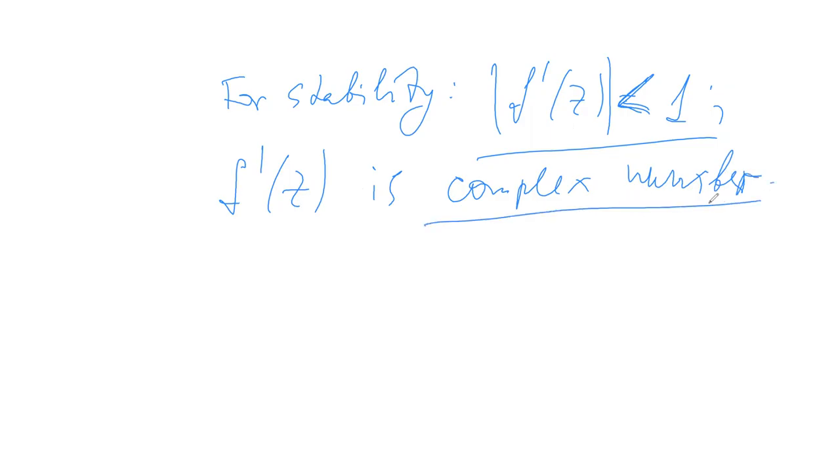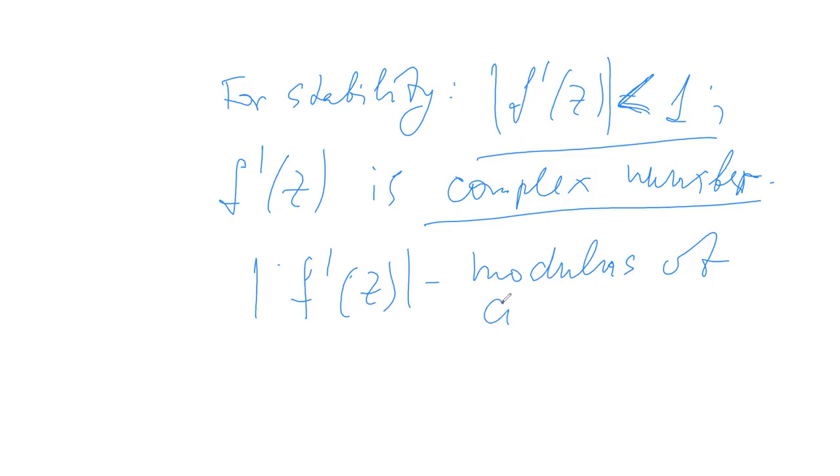I would have to show this more carefully, but I think I skipped it everywhere in the lecture notes and also in the video. I don't remember what was there. So this should be the modulus of a complex number.